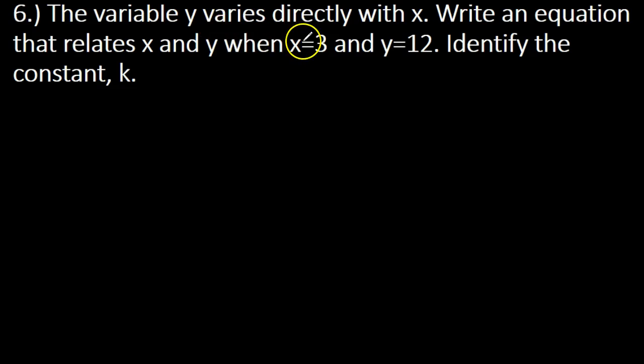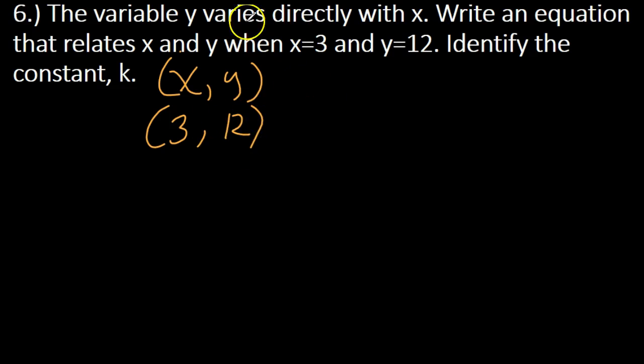The variable y varies directly with x. Write an equation that relates x and y when x equals 3 and y equals 12. Okay, they gave us x and y this time, so we can write it as an ordered pair: when x is 3, y is 12. They told us that they vary directly, so it makes it easier. When it varies directly, we know that the constant is y divided by x.